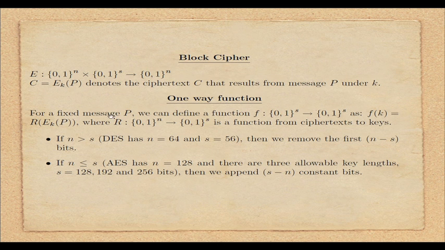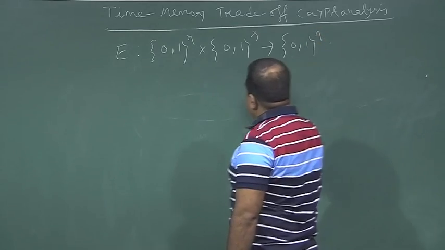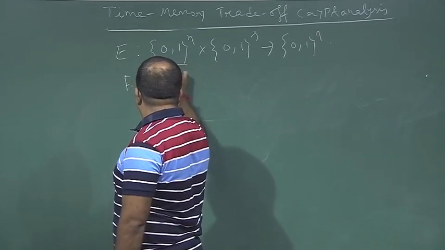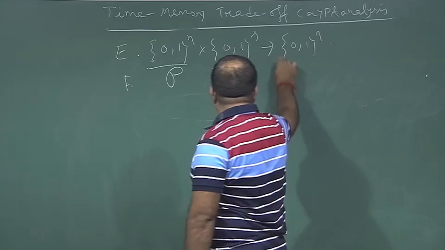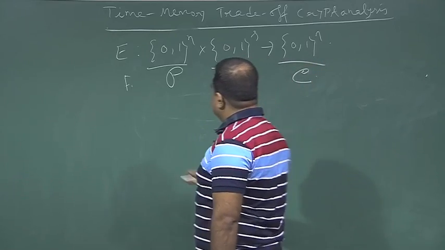If we fix P, then this is basically a function from key space to the ciphertext space. E is from plain text space and key space to the ciphertext space.